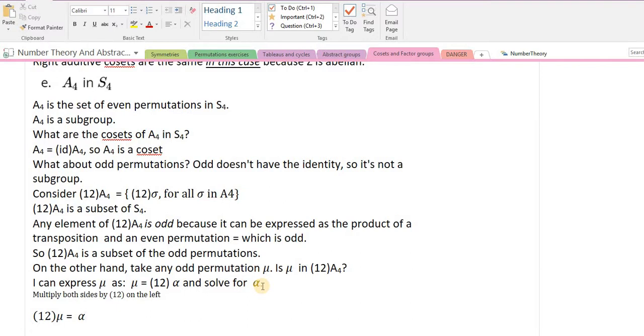Therefore, an odd permutation goes with an odd permutation.